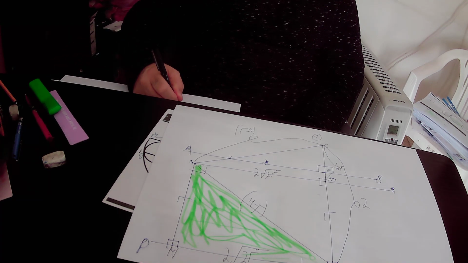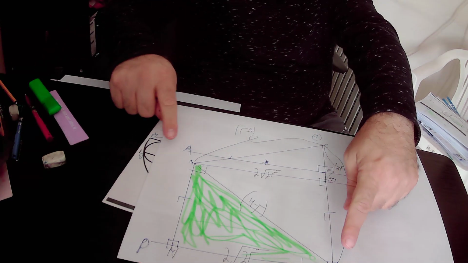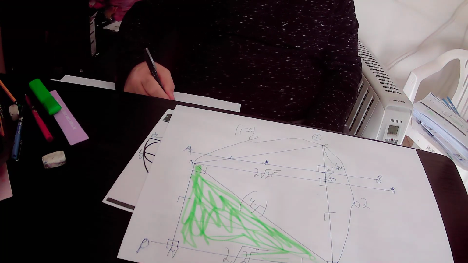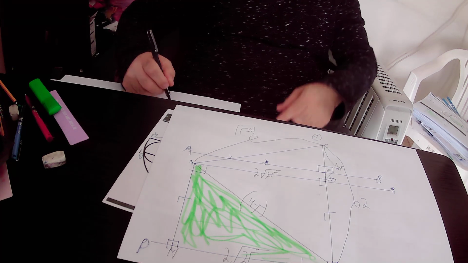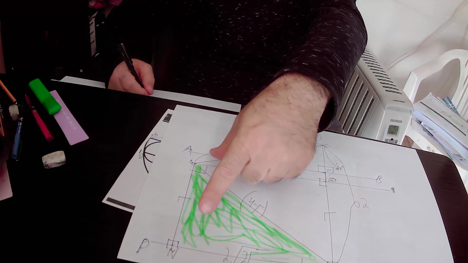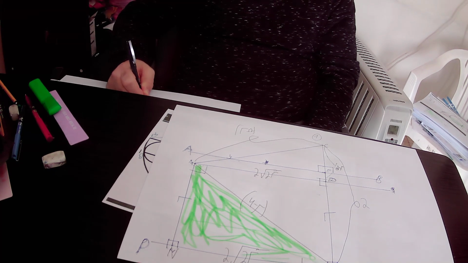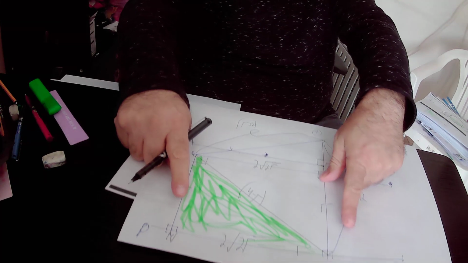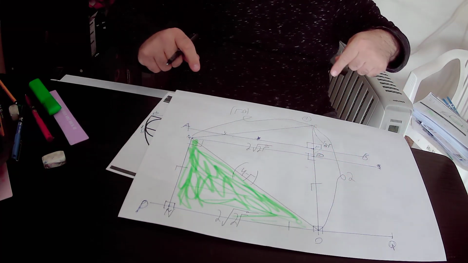The hypotenuse in the green right triangle is MO, so the square of the hypotenuse is MO squared, and it equals the sum of the squares of the perpendiculars, that is to say MN squared plus NO squared.